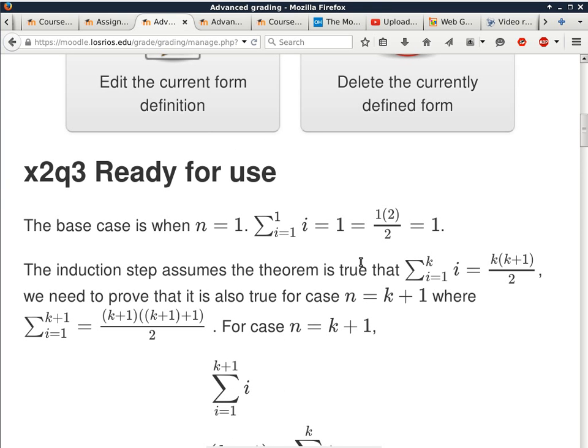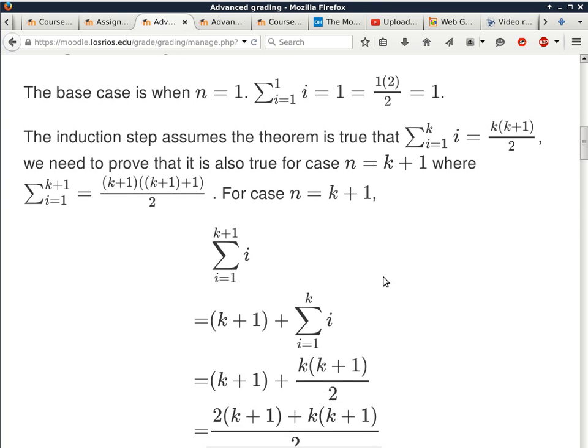The question is asking, in general, can we say that the summation of i going from 1 to n of i is n times n plus 1, and then the whole thing divided by 2? Okay, that's the theorem. I'm not really sure whether the theorem is true or not.